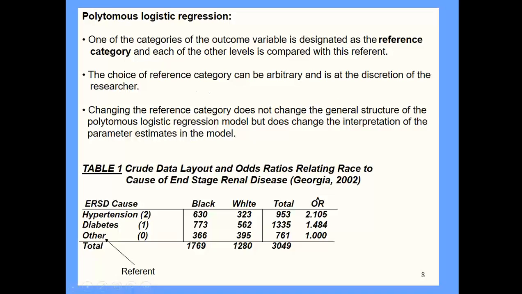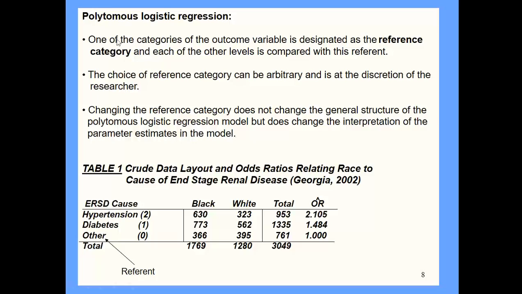You can always work with it one way and then try it another way, and you'll pretty much get the same conclusion as long as you recognize how you've switched things around. So it doesn't usually matter, but you want to make a choice. Changing the reference category does not change the general structure of the Polytomous logistic model, but does change the interpretation of the parameter estimates because you've changed what you're calling the referent group.